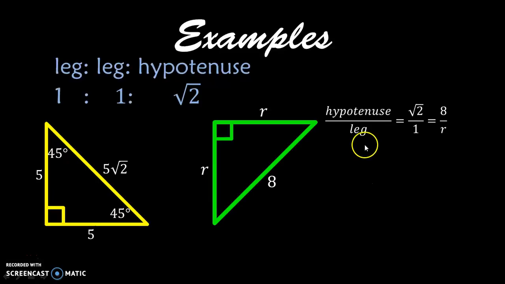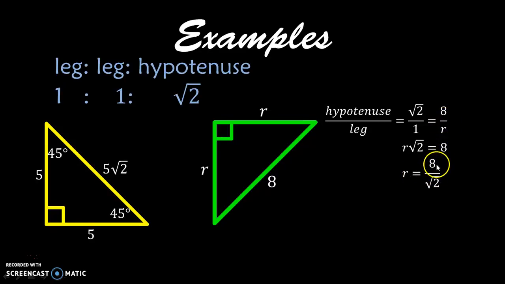We know for a fact that the ratio of the hypotenuse to the leg is square root of 2 is to 1. So we have the hypotenuse measuring 8 and the leg denoted by r. By cross multiplication, we have square root of 2 times r equals 8.